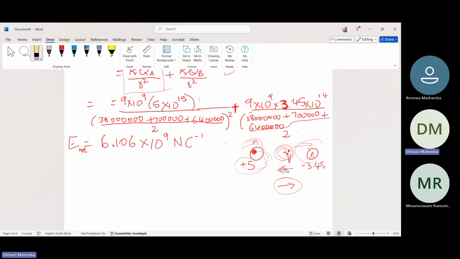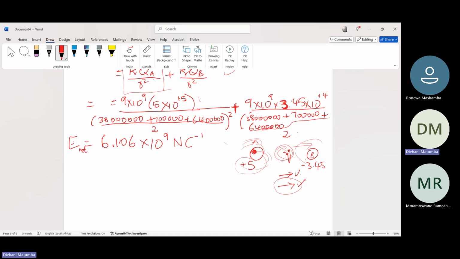Do you agree that it will move to the right? You are right. It will move to the right.